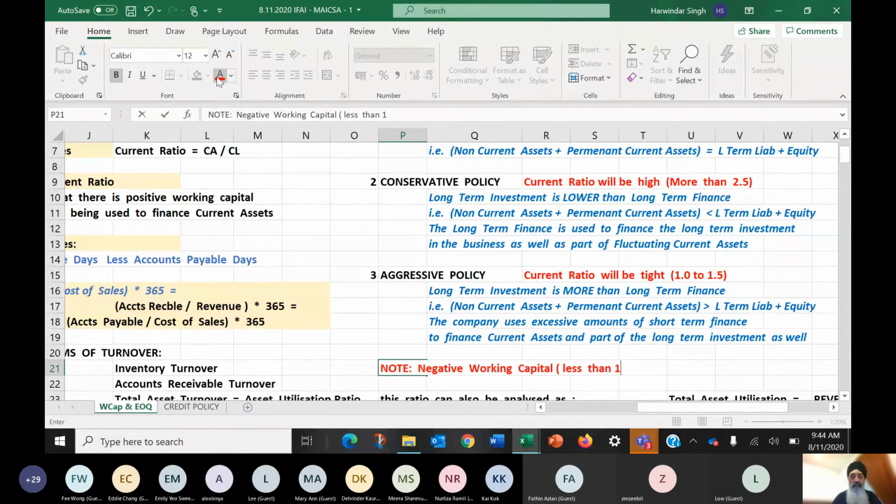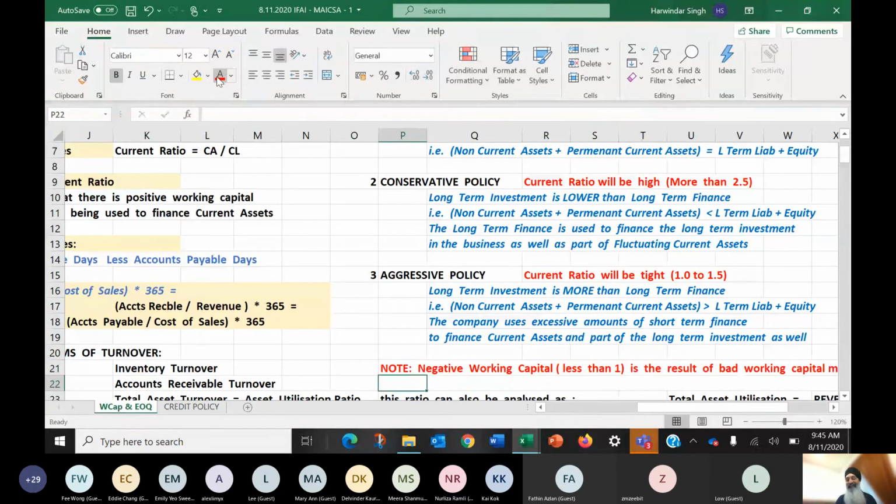Less than 1 is the result of bad working capital management, not policy. Yeah. So don't say, oh, they seem to be very, very aggressive. Their working capital is 0.8. Well, that's fine. No, it's not fine. Yeah, certainly not fine. Okay, there you go.